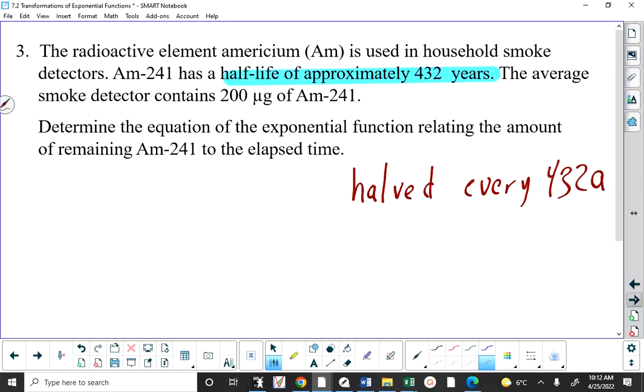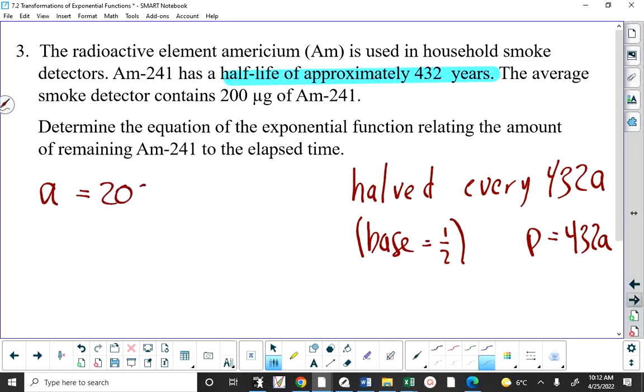It means that the base is 1/2 and P is 432 years. If you look on the previous page, P is how long it takes to happen, and B is what happens. A is the initial amount, which is 200 micrograms. So what's the equation for the exponential function that describes the amount of the radioactive isotope that remains?